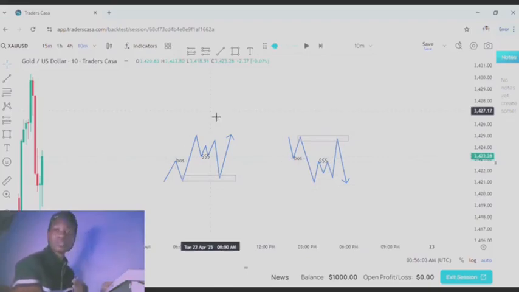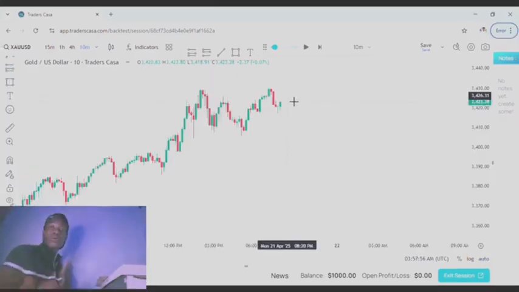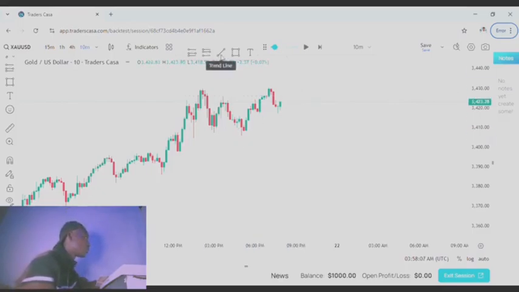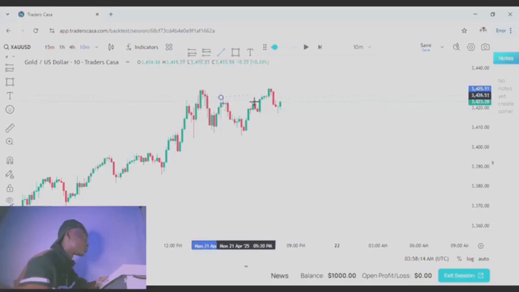So I'll take you over to the chart right now. So let's go. Here is a good chart. Let me plot this out for you step by step. Here right now you can see a break of structure. That's our break of structure.